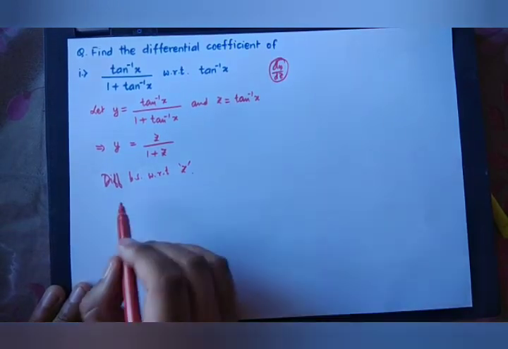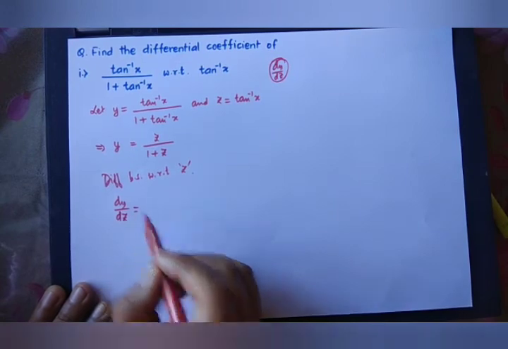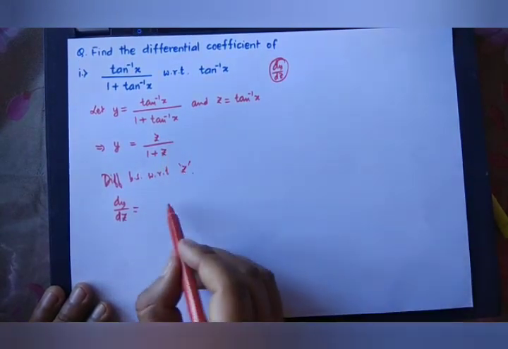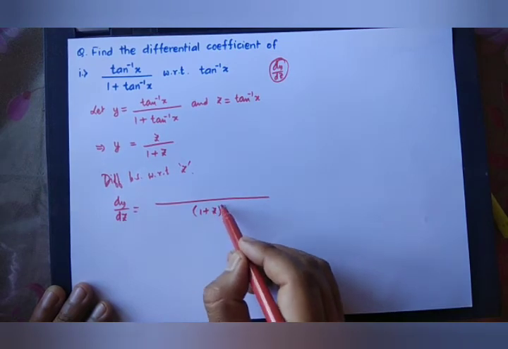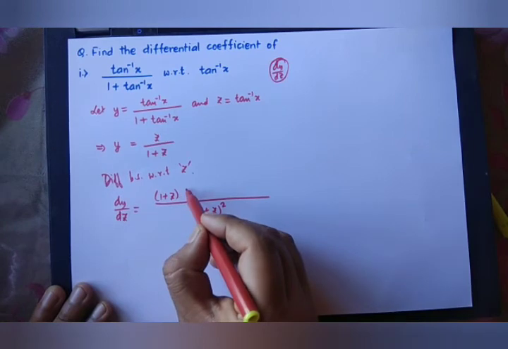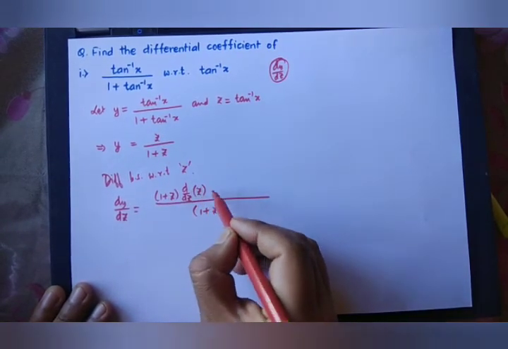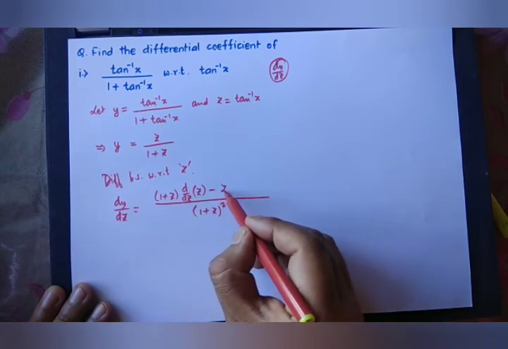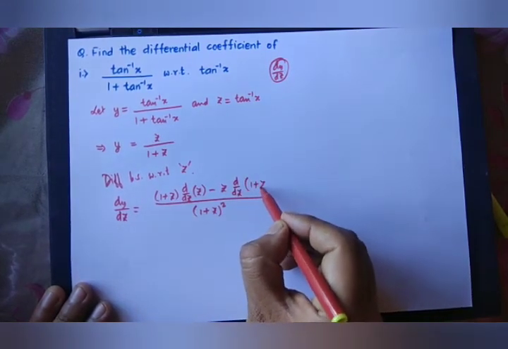Okay, so this gives me dy by dz equals to, now this is f by g form, so f by g form is 1 plus z whole square, so the denominator whole square, so the denominator will be kept as it is, and we'll differentiate the numerator, minus, now we'll keep the numerator as it is and we'll differentiate the denominator, right?